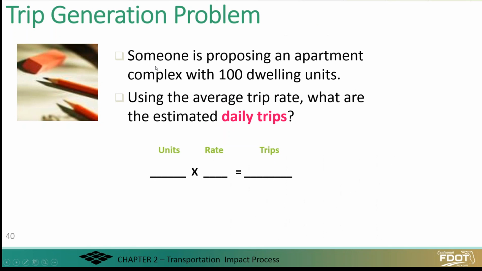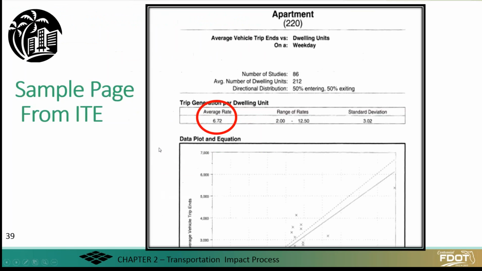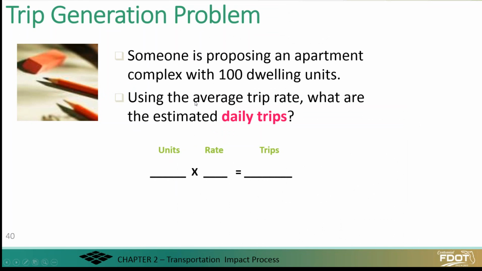Okay, so let's do another example, which is very simple. We have someone who is proposing an apartment complex with 100 dwelling units. The average trip rate, which we just looked at, was 6.52, I believe. Let me look at it one more time. 6.72. Okay, so they are proposing 100 dwelling units.